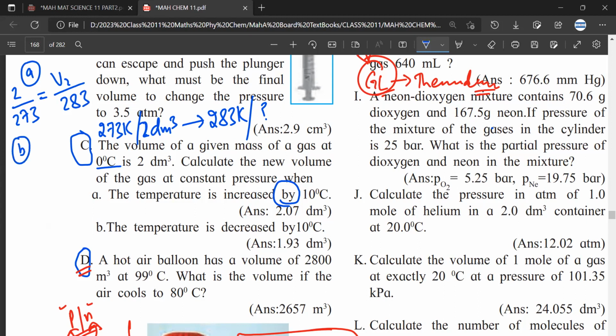And in B part, V1 upon T1 would be V2 upon T2. Here it is decreased by 10 degrees Celsius. So this would be minus 10 degrees Celsius, and hence it would be 263 Kelvin. Are we clear, Avantika?